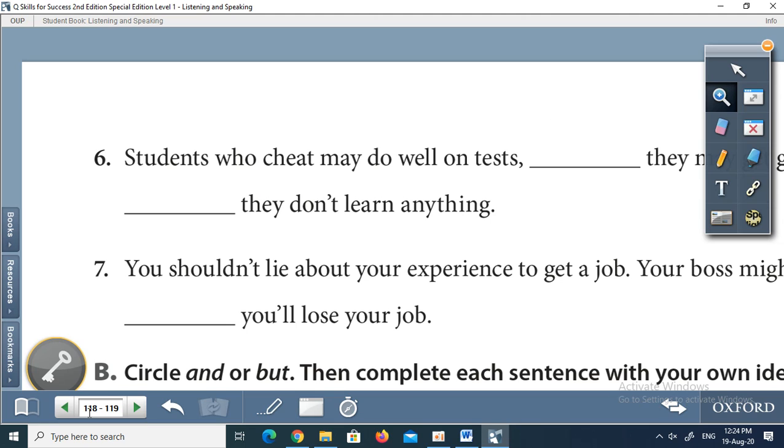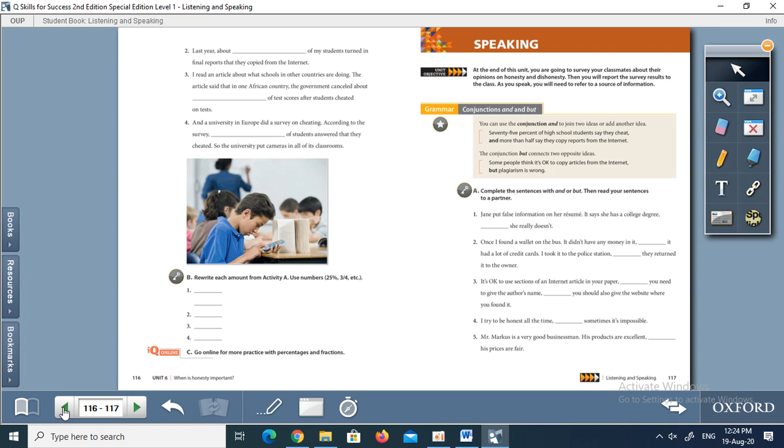You only need to put in either and or but in each of the spaces where the word is missing. All right, so pause the video, fill in the answers, and then we will come back and look at it.